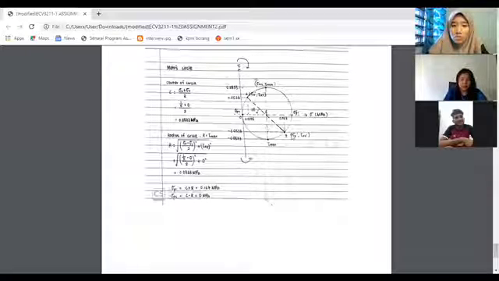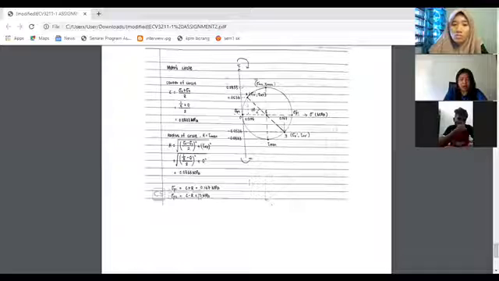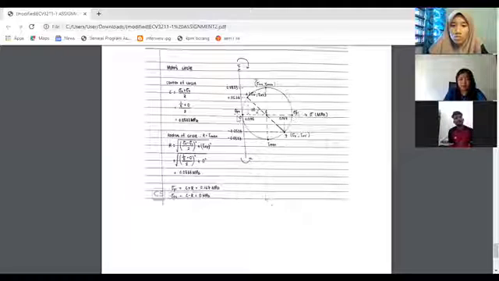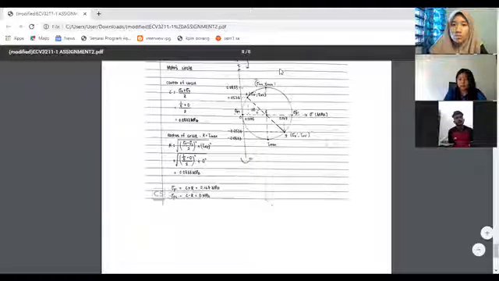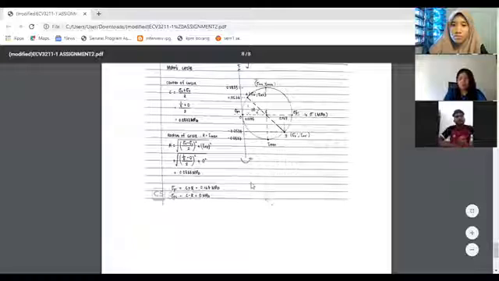The principal stress can be calculated by using a formula. For the major principal stress, the formula is C plus R, and for the minor principal stress, the formula is C minus R. The principal stresses can also be observed at the 2 points where the circle crosses the sigma axis. Okay, that's all for our presentation. Thank you.